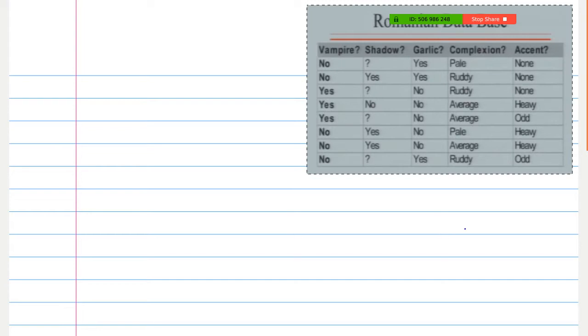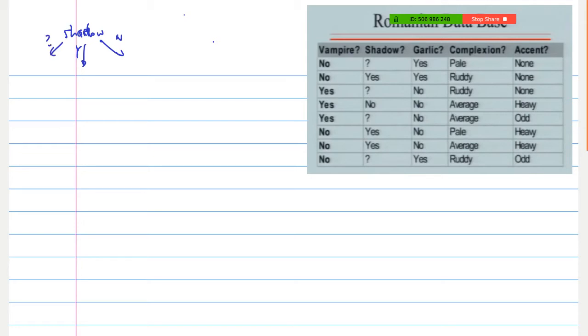For example, if you look at the shadow characteristic, and we have examples here. We have no shadow, shadow, and also unclear or something.